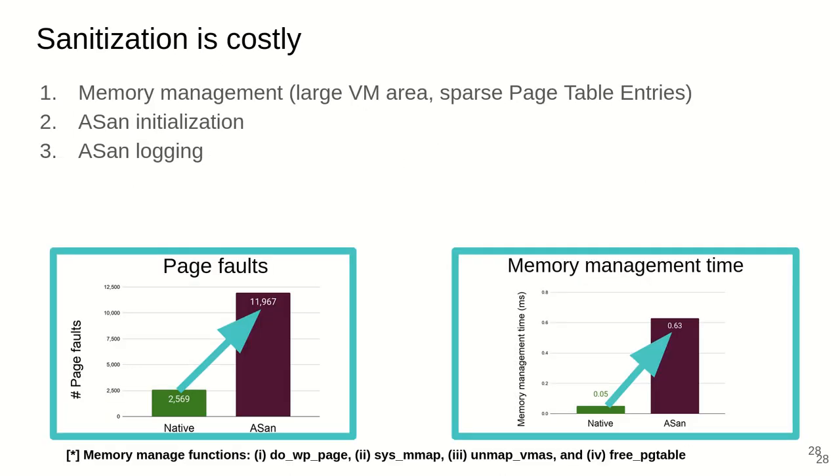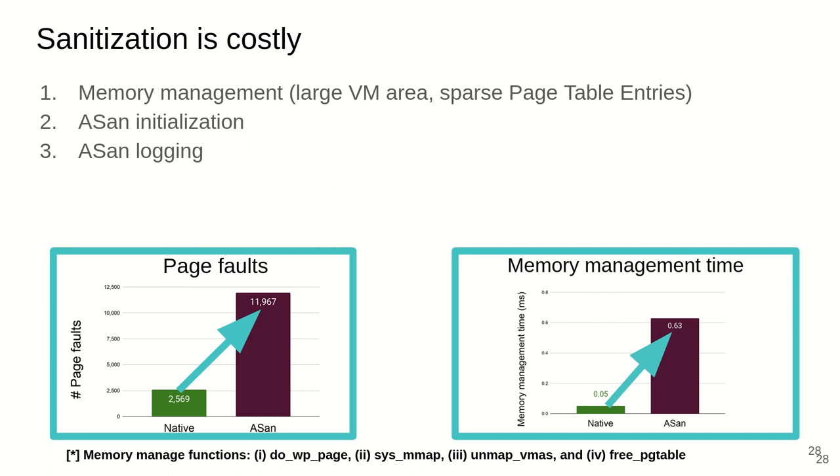And we learned that sanitization is rather costly due to the memory management, the large VM area that is being allocated, and the sparse page table entries. There's also the initialization of ASan and all the additional logging overhead, right? For example, to keep track of which object or which line of code has allocated this object and whatnot. All the metadata that is usually not needed during a fuzzing campaign, right?